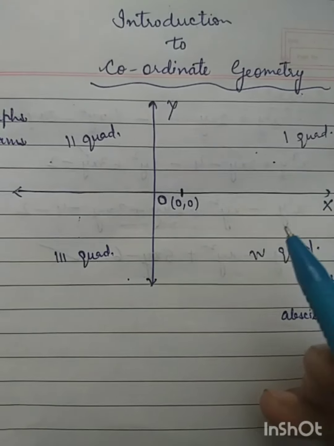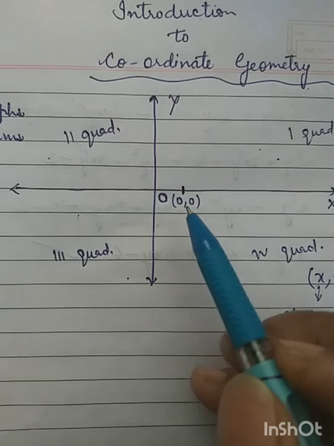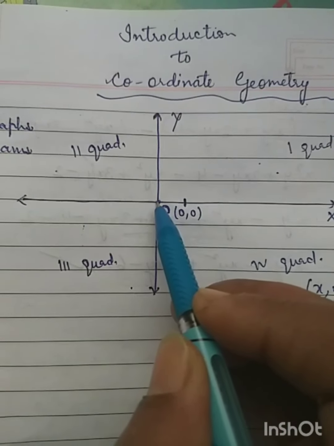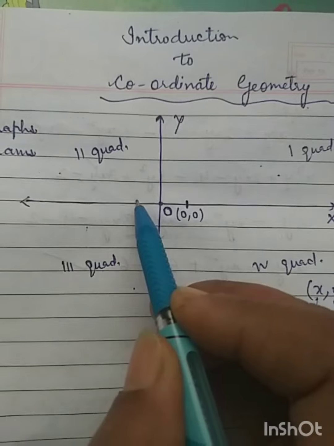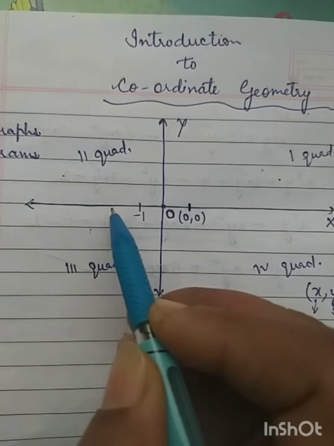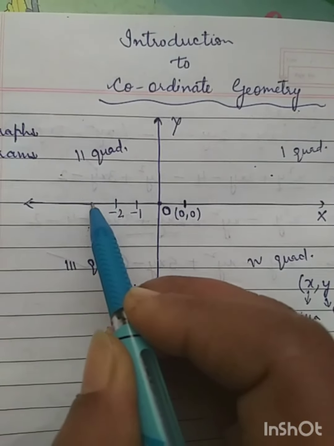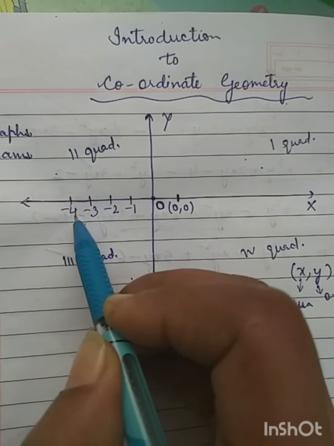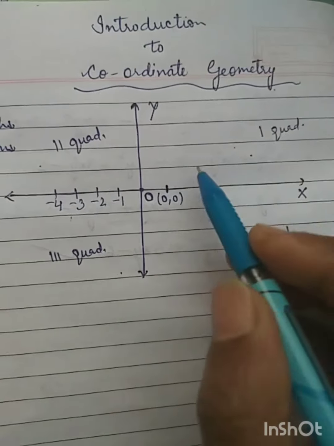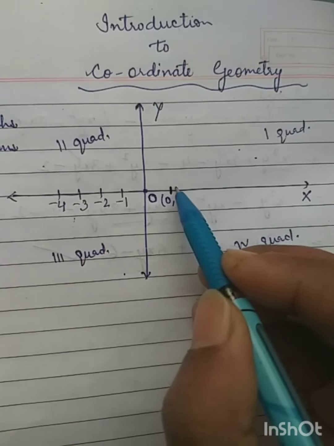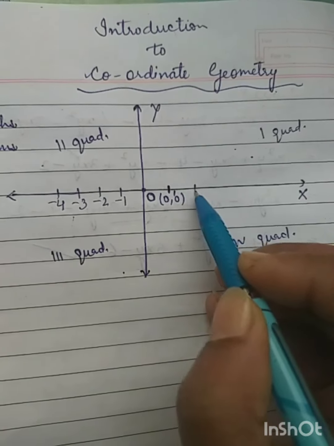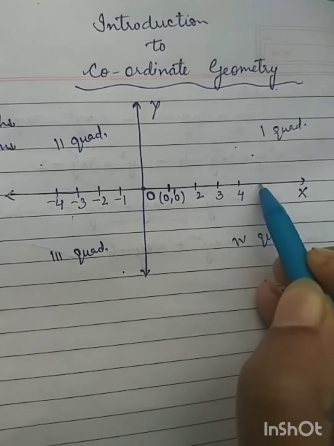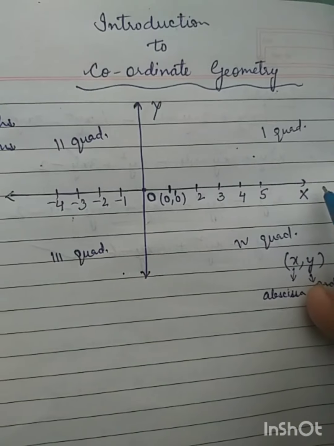Now, let's learn how to locate the points. First of all, as on the number line, from the left side of 0 there are negative values. So here should be -1, -2, -3, -4, like this and so on. And on the right side, we have 1, 2, 3, 4, 5 and so on.